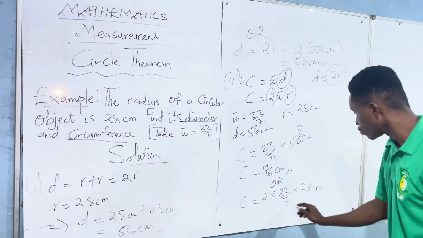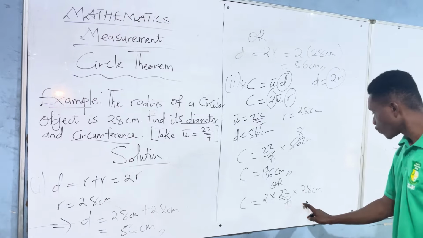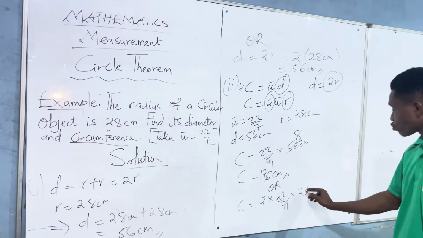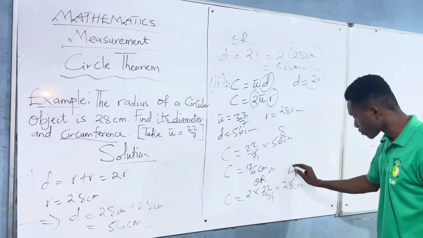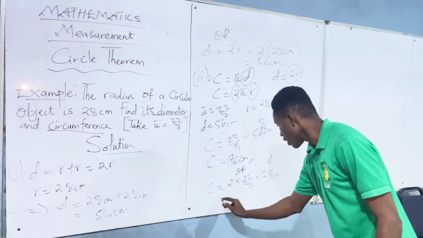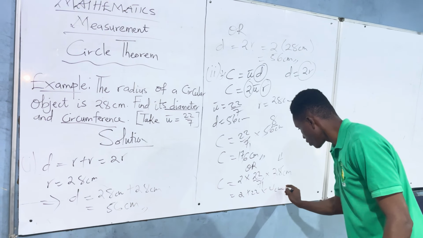And with this one too, 7 cancels itself once. 7 2s are 14, 7 3s are 21, 7 4s are 28. So 7 4s is 28. Now we have 2 times 22 times 4 centimeters.